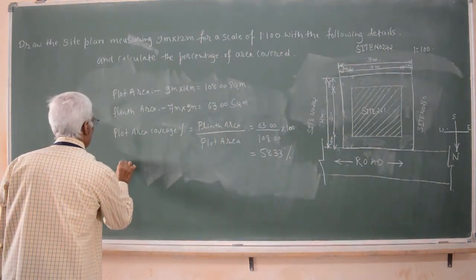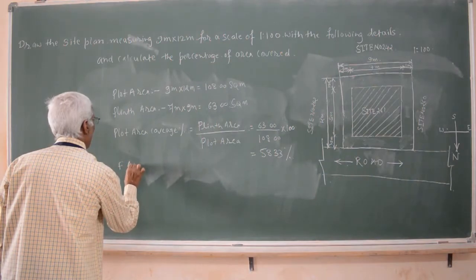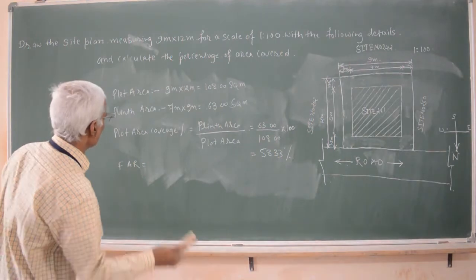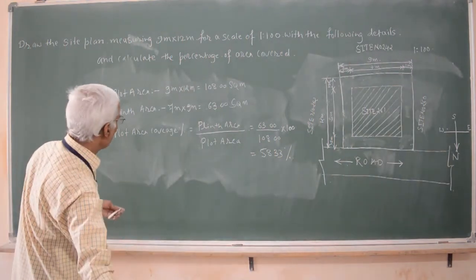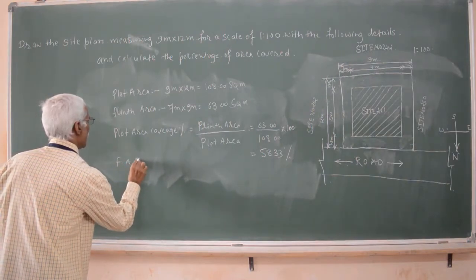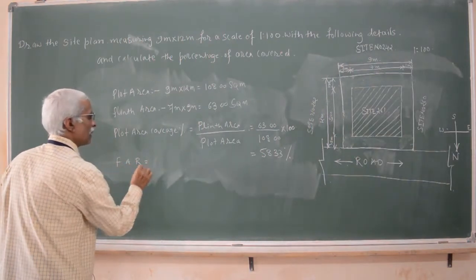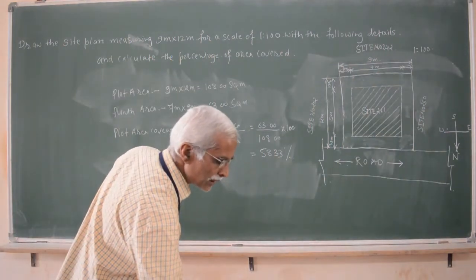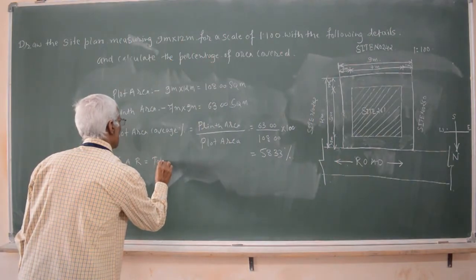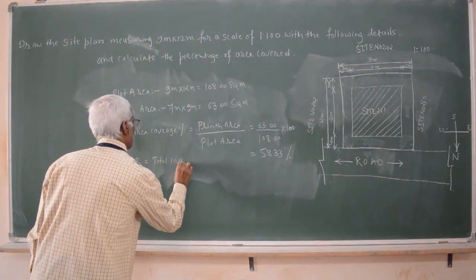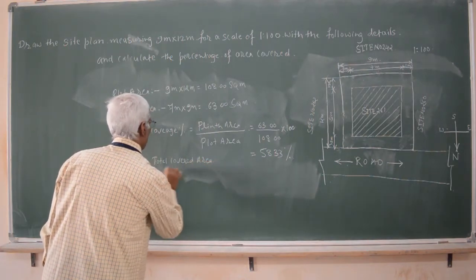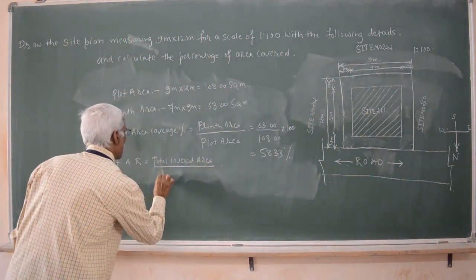Now last comes FAR. FAR means floor area ratio. You have only one floor here, so there is no difficulty in calculating the FAR. FAR means total covered area divided by plot area.